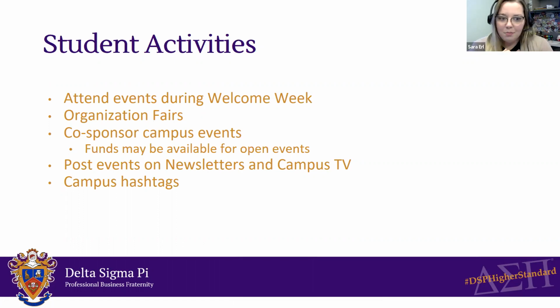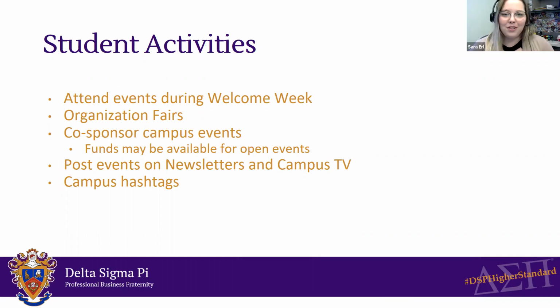In addition to that, post events on newsletters and campus TVs, and use your campus hashtags. Some of these things are going to take some time, especially with the newsletters and campus TV. Usually those things go through edits and have to be reviewed by certain individuals. So make sure that while you're reaching out to hopefully your deans and student activities and advisors and everybody, you have Delta Sigma Pi on these different avenues and that you made the cut.